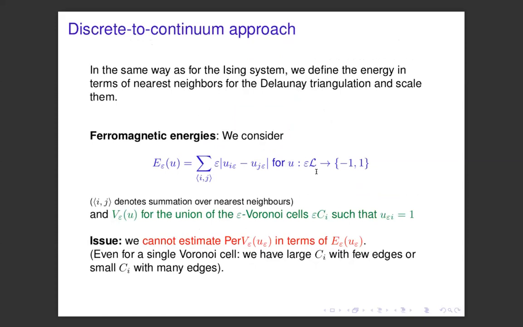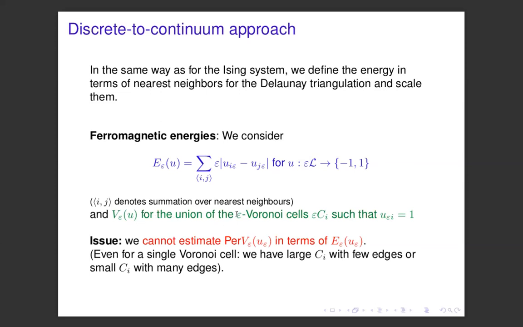So how can we export this discrete-to-continuum approach where the ferromagnetic energy, the Ising energy, is defined in the same way, where now the sum is between nearest neighbors, and we scale it with the same scaling. But now it's not clear that this is a surface scaling a priori, because we can still associate to each fixed function the union of the Voronoi cells where u is equal to 1, and scale them.